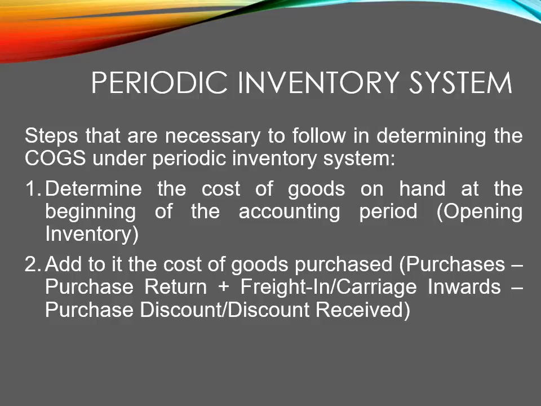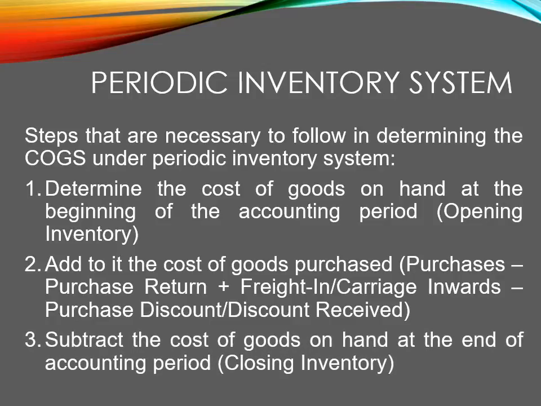That means purchases, deduct purchases returns, add carriage inwards or transportation, or costs that increase the cost of the goods purchased, and also deduct the purchase discount or discount received.